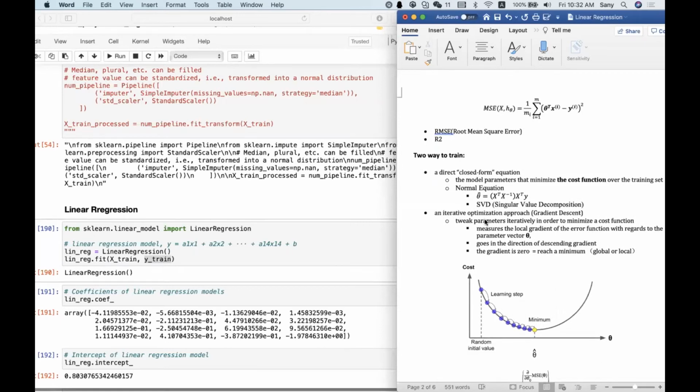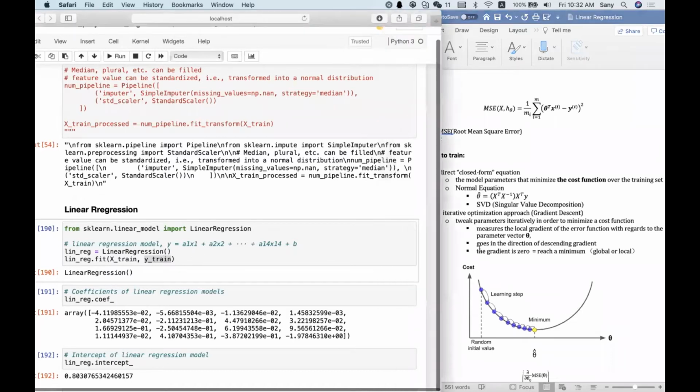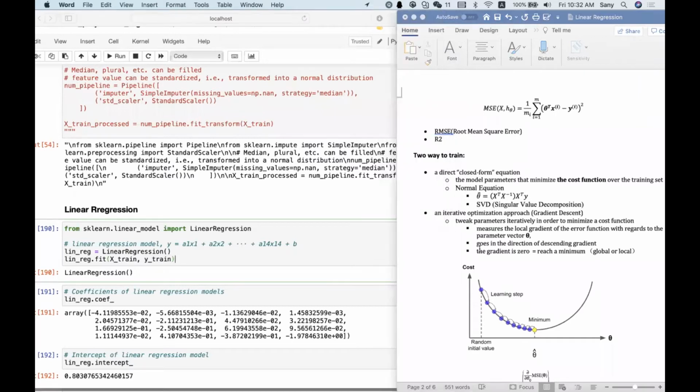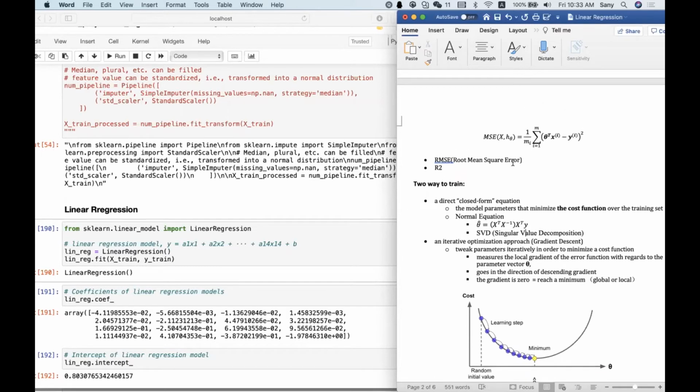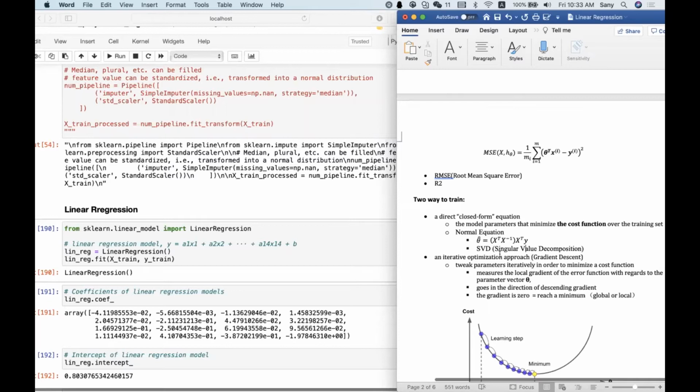Beside these linear regressions, why do we need to feed them? Because we should find the minimum of the function. When it reaches the minimum, the corresponding parameters will be the weights or the bias we want to seek.